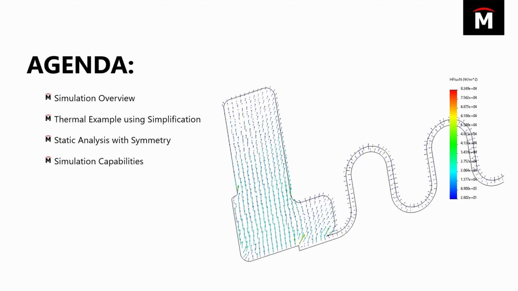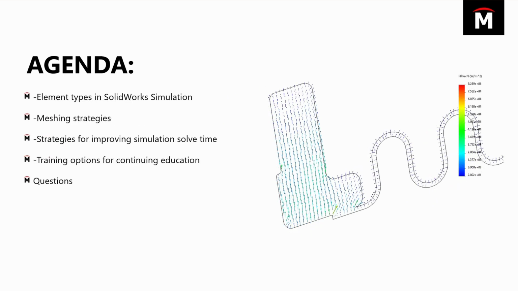Some of the things I'm trying to add to your workflows out of this webinar are discussing different element types, meshing strategies, and overall strategies for improving your simulation performance and decreasing your simulation solve time. Then I'll go over some of the training options if you want to explore any of these topics and get a more in-depth overview. At the end, we'll open it up for questions, discussion time, and whatever feedback you have. So with that, we'll go ahead and get started.